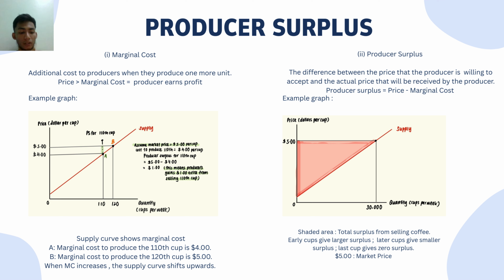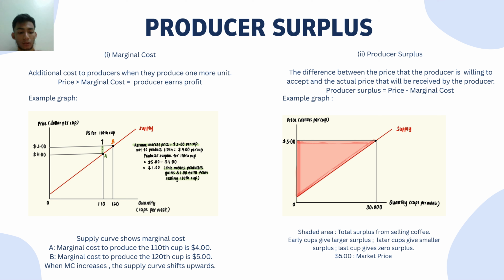For the 110th cup, the producer surplus is $5 minus $4, which equals $1. This means the producer gains one extra dollar from selling that cup.